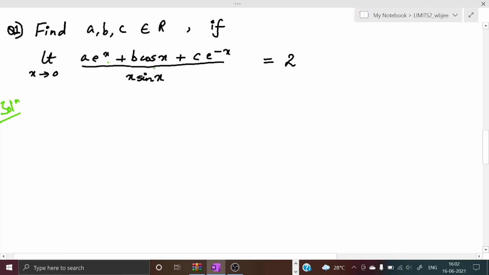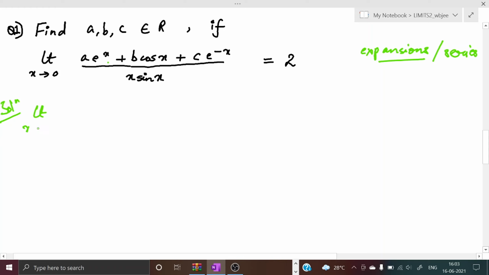Cos x also alternates, and e to the power minus x also remains. So in this type of question, try to use the expansions or series which we discussed. This is a trick for solving this type of question.